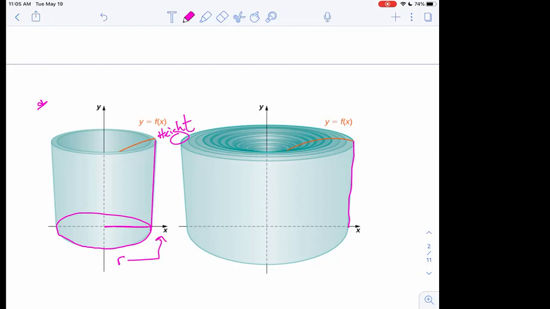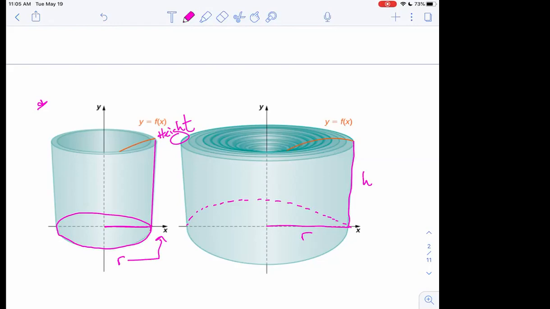Okay. And same thing if I take a look at the picture on the right, if I were to dot in the circle that goes back into the page, if I could draw in 3 dimensions, maybe it's a little easier for us to see that this represents the radius of the shell or the cylinder, and this represents the height of the cylinder.